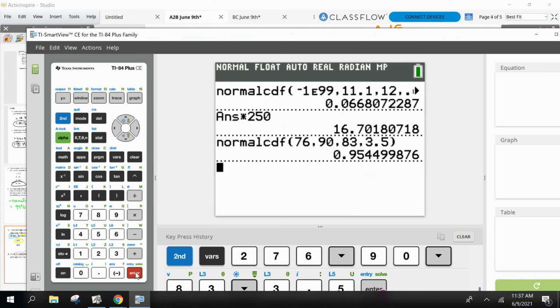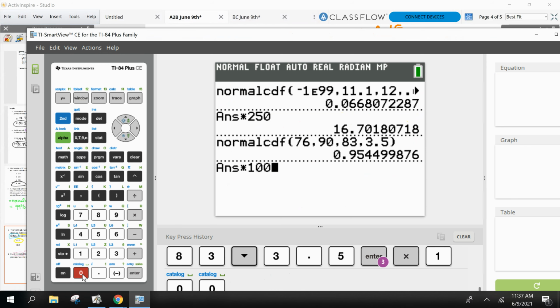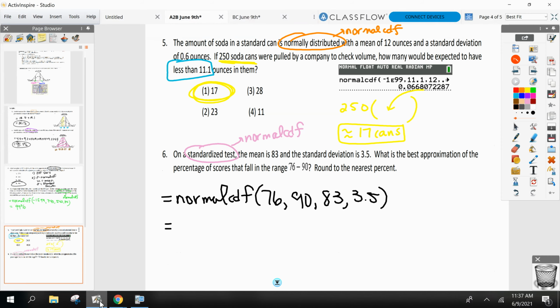Okay, what do I got? There it is as a decimal. The answer says to the nearest percent, so let's multiply that by 100. About 95. So 95% are between 76 and 90.